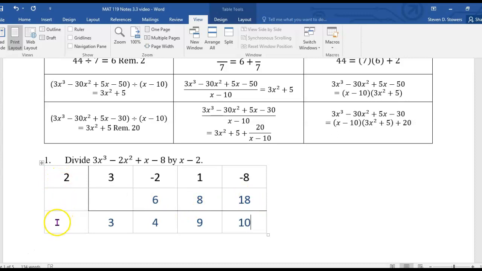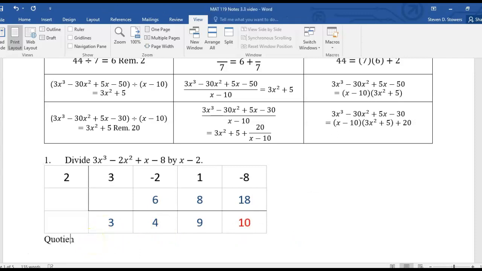Now that I've done all those calculations, here's what this tells me. This number on the end, this 10, that is the remainder. And these other numbers, the 3, the 4, and the 9, tell me the quotient.